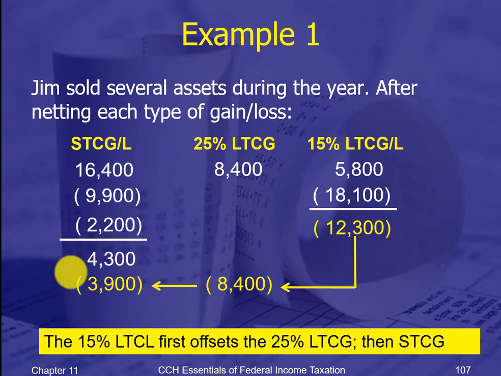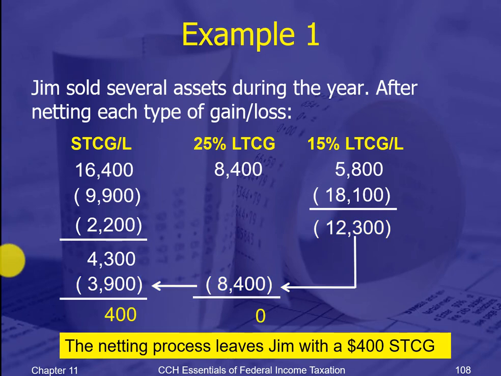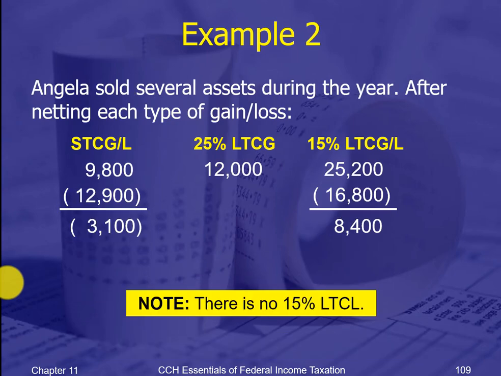that you would do it, so you end up with $400 in the short term as your net capital gain. So now there is no 15% long-term capital loss, it's a gain.